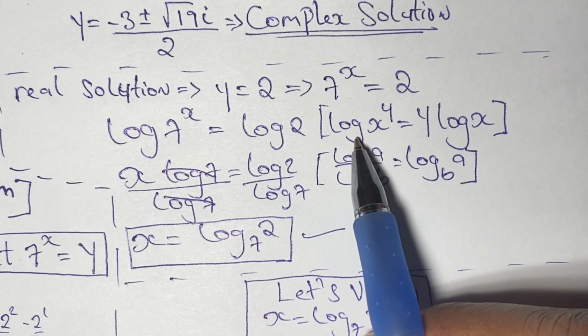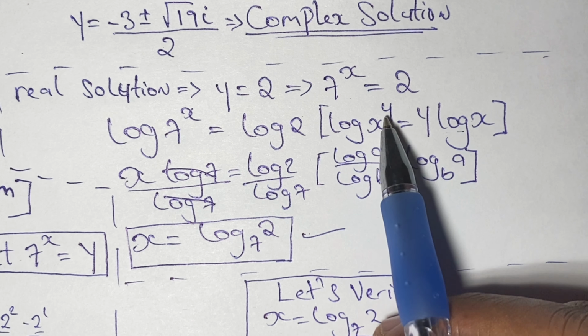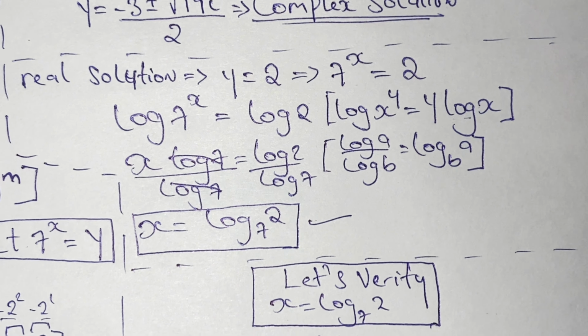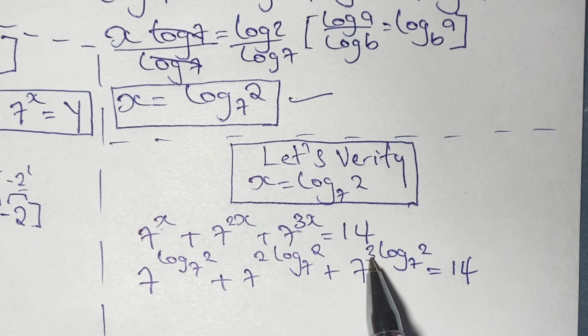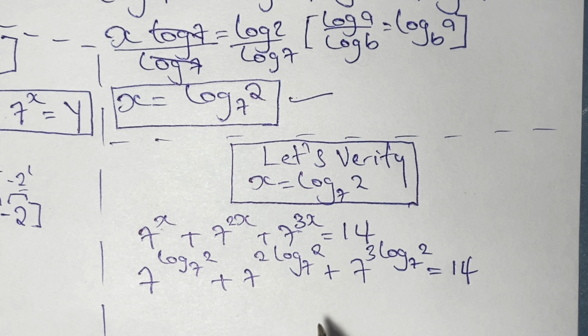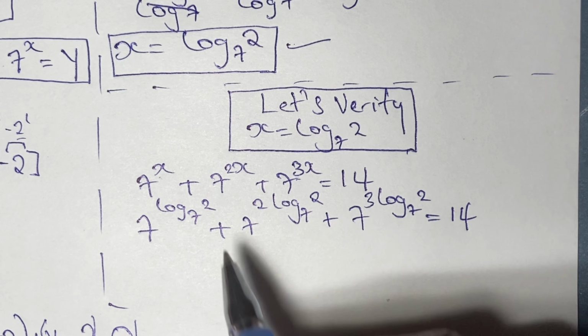Now using this logarithm rule that we did previously, we said that log x to the power of y is the same as having y times log x. So if we look here where we have 3 times log base 7 of 2, and here we have 2 times log base 7 of 2, we can use this logarithm rule.